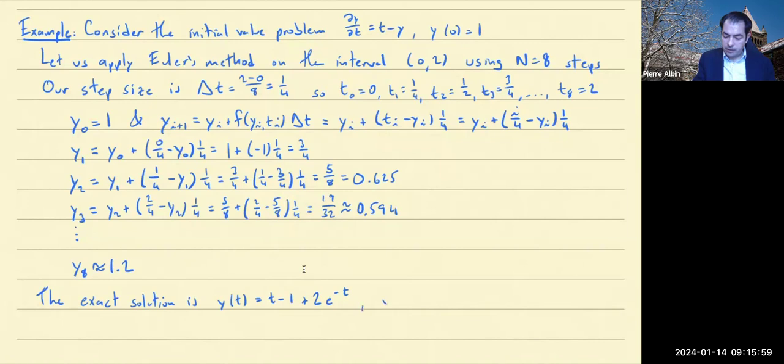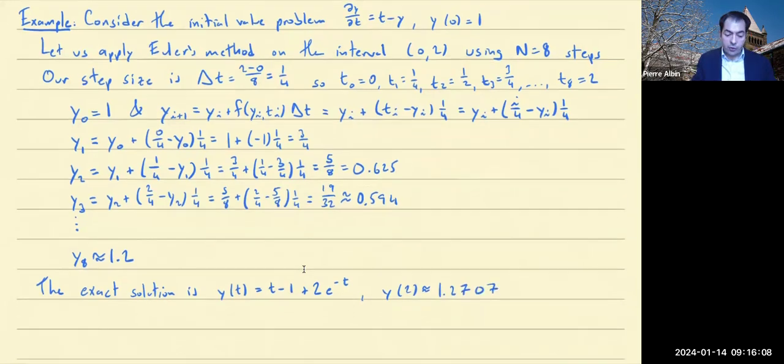And if you plug in 2, we find that y(2) is approximately 1.2707. So the error is roughly 0.0707.